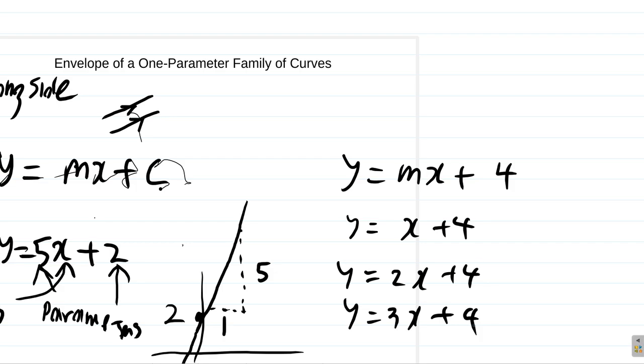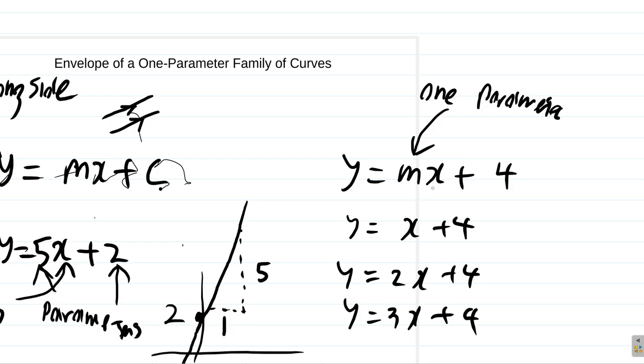So 4 is fixed. You are allowed to change m for different situations. So you have a one parameter here, only one parameter. 4 is a constant. x and y are the variables.